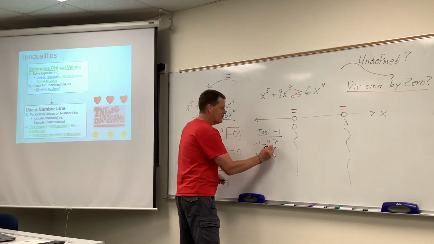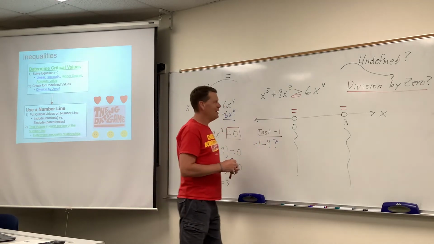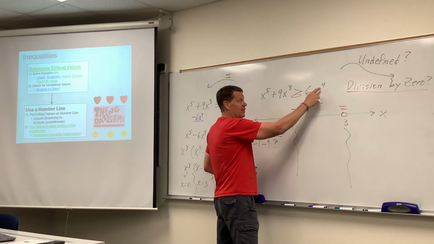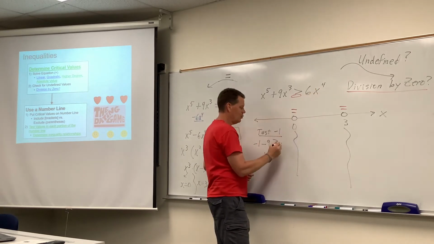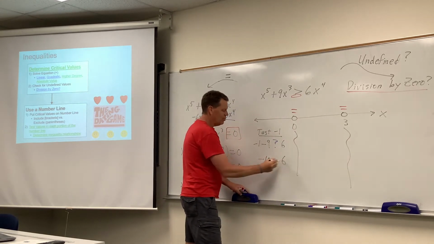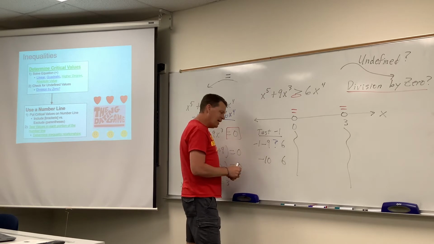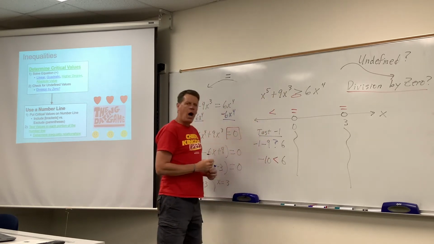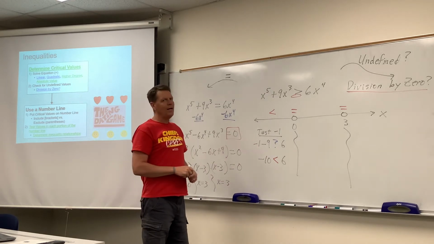I'm trying to get up as much of this material as I can. -1 to the 4th power is 1, because that's even. And that 1 times 6 would be 6. So this ends up being -10. This ends up being 6. And -10 is less than 6. And wah, wah, this question wanted greater than.